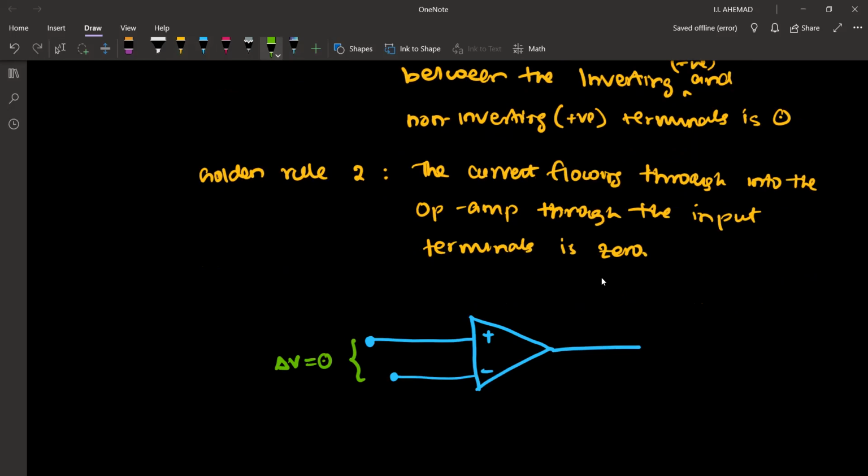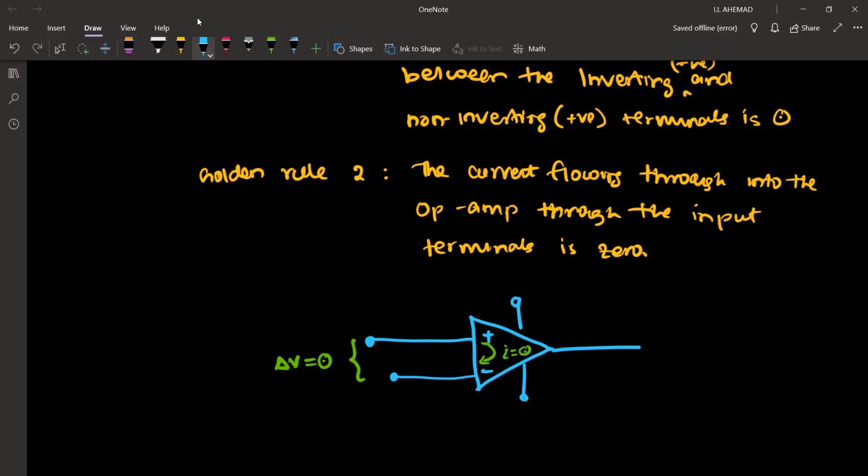That is rule number 1. And the current entering into the terminal is 0. Let's say I is equal to 0. So those two are the golden rules.